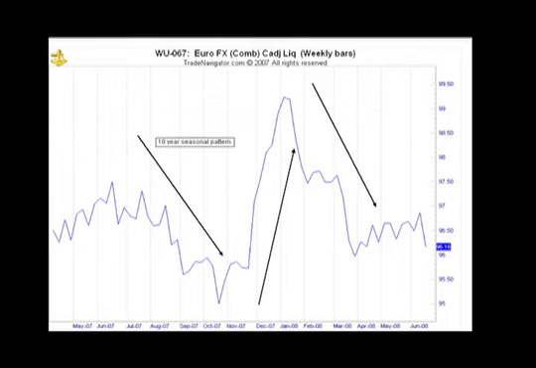But folks, it's amazing that the euro currency is seeing more dramatic, or what I like to term magnified, moves this year, more so than normal, but they've been within the scope of its seasonal tendencies.